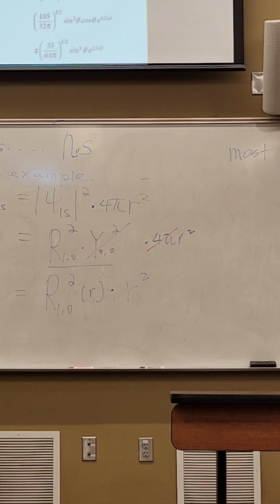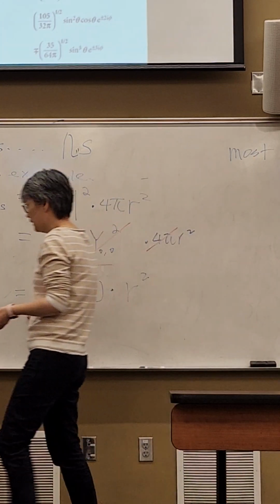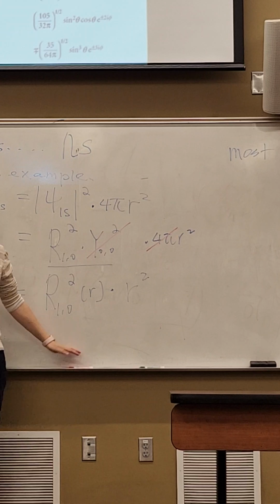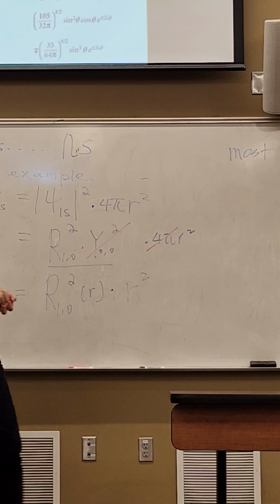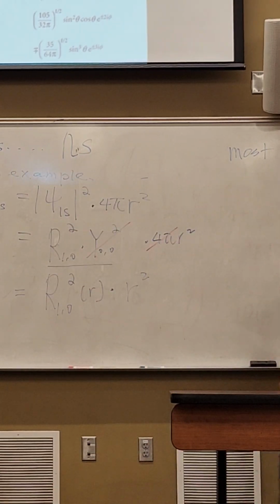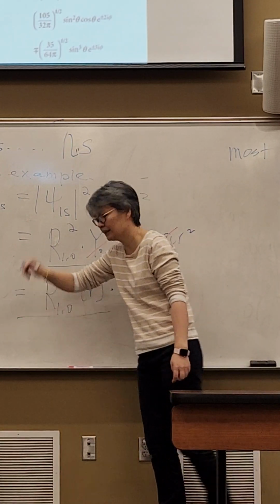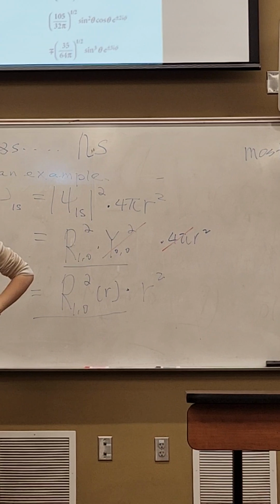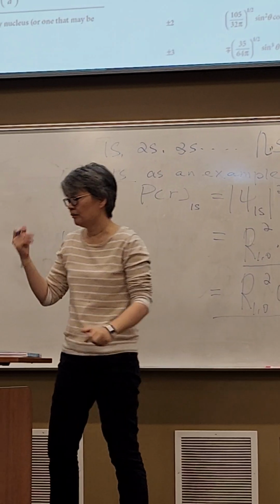Now, I have this equation right here for you, and you can know if it's a hydrogen atom. You need to know what kind of system you're looking at, so that you have the exact radial function, so that you can do the derivative, set it equal to 0, and locate that radius value.